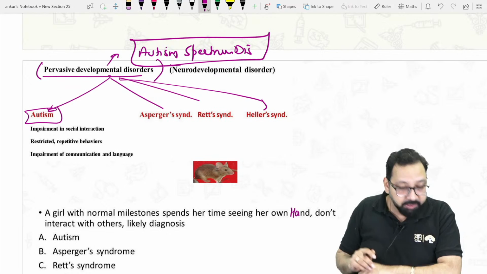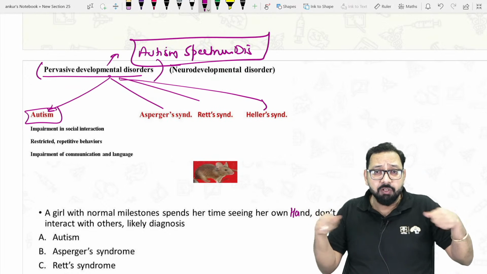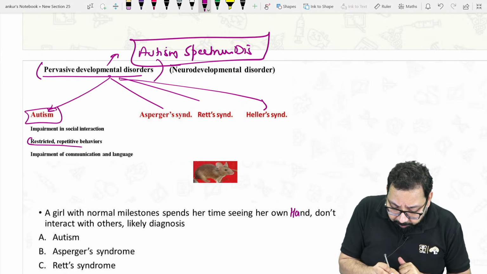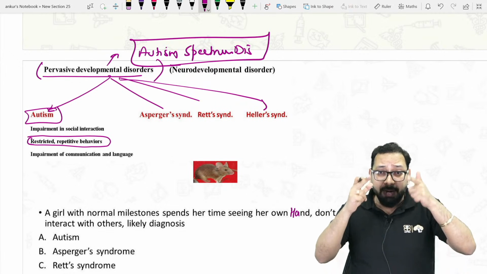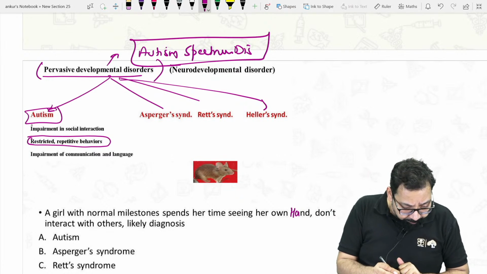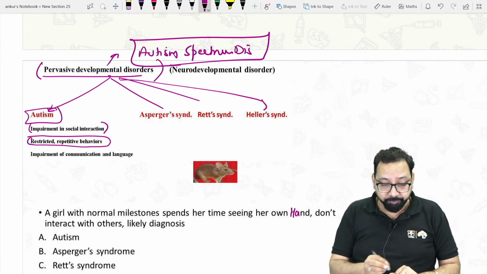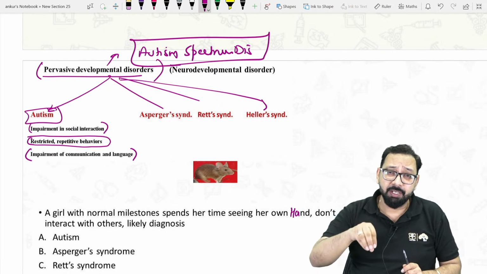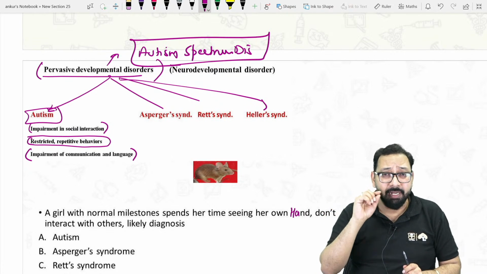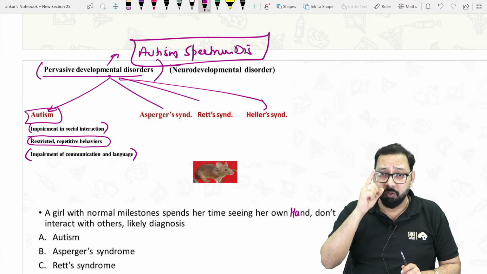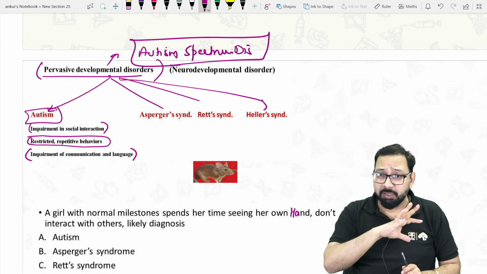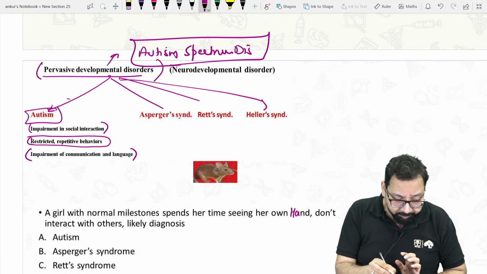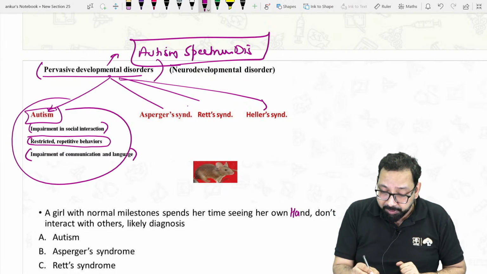Autism: a child is sitting and doing repetitive behavior, restricted and repetitive behavior, no eye-to-eye contact, impairment of social interaction, impairment of communication and language. A child is sitting, not speaking to anyone, no language development, no eye-to-eye contact, no social development, and stereotypic movement. All three symptoms, autism. What is Asperger?